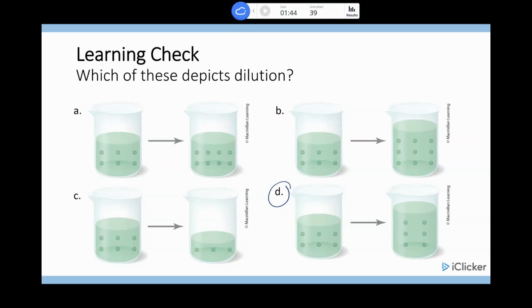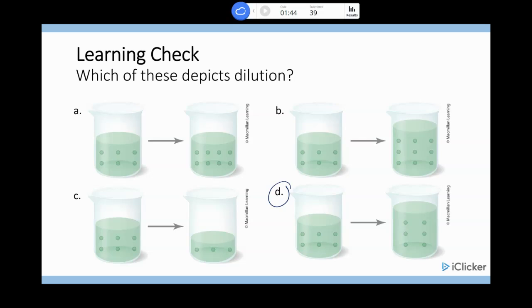Okay, someone on this side, why is B not dilution? The amount of solute increases. Yeah. Okay, we've increased the volume, we've increased the amount of solvent, but we've also increased the amount of solute particles. So we cannot say if this is dilution or not, because we have both more solvent and more solute particles.